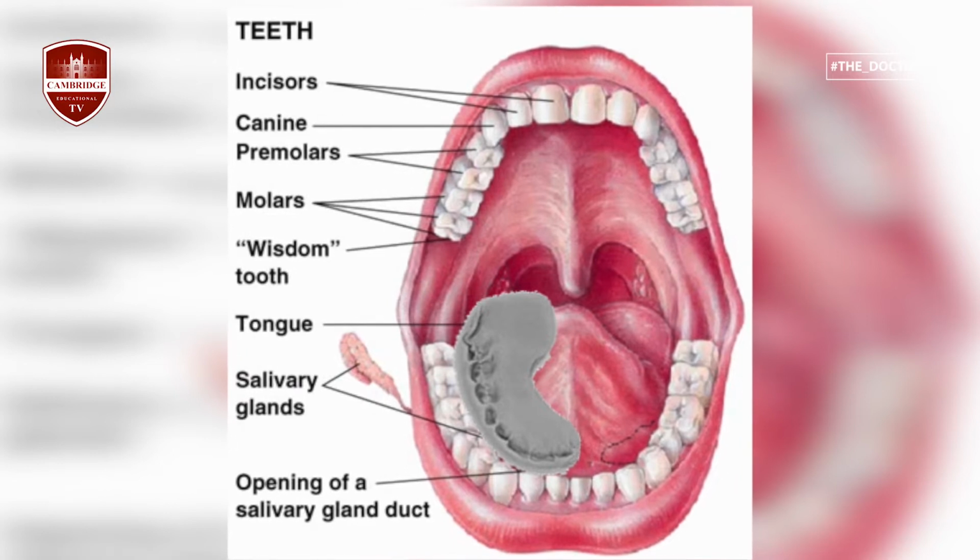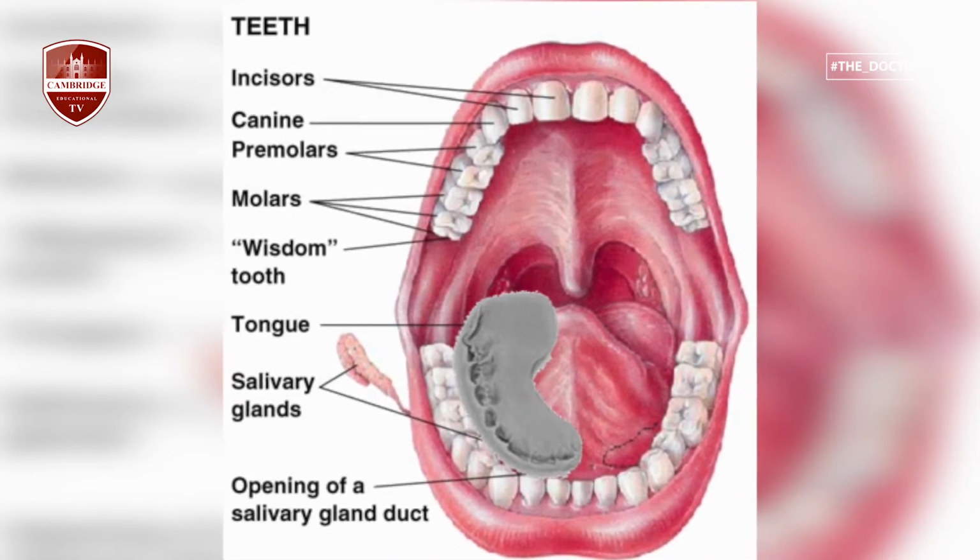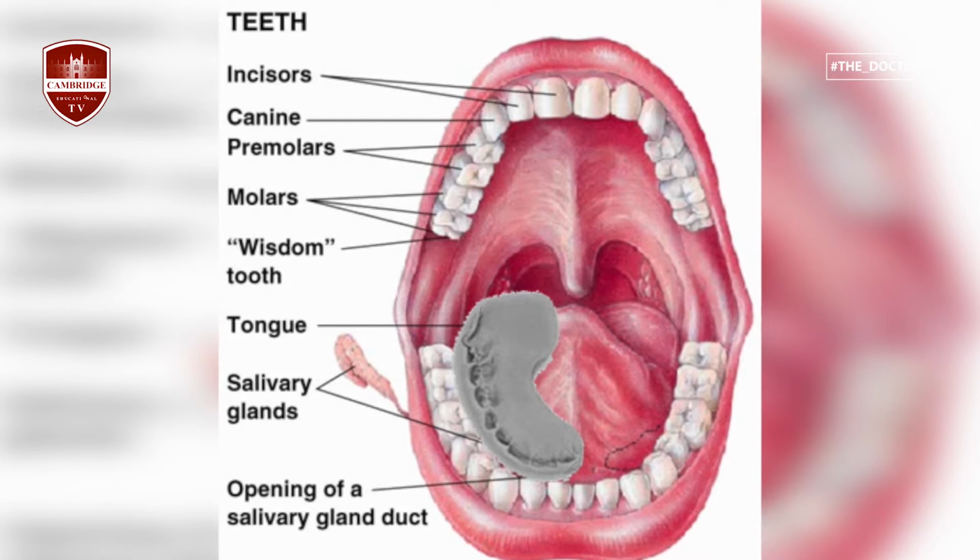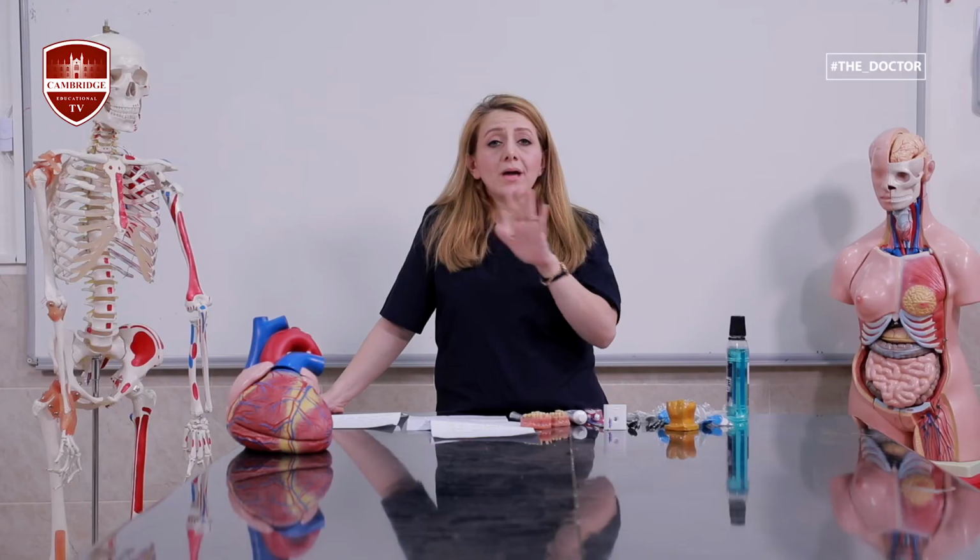The front teeth are called the incisors, and they're 2 central and 2 lateral. When I say lateral, it means just a little bit on the side of the central ones. The incisors are responsible for cutting the food. So now I have the incisors.